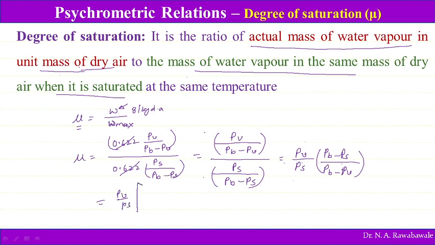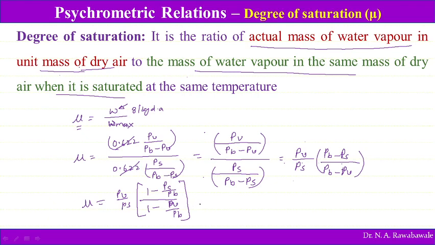Then in the numerator we have 1 minus PS divided by PB, and in the denominator 1 minus PV divided by PB, taking PB common from numerator and denominator. Then we get this as the equation for degree of saturation.